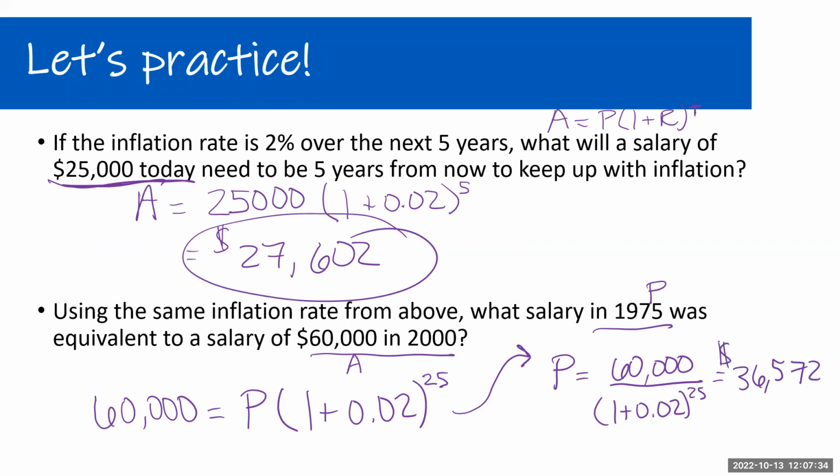So if you made $36,572 in 1975, assuming a 2% inflation rate every year, the equivalent salary, or the salary to afford all the same cost of living things, in 2000 you would need to make $60,000. So in that span of 25 years, look how high that went up.